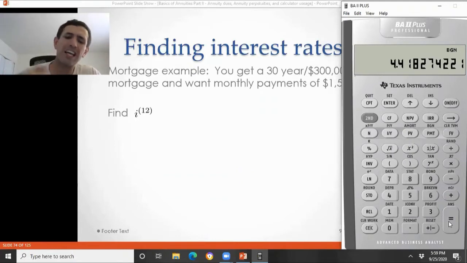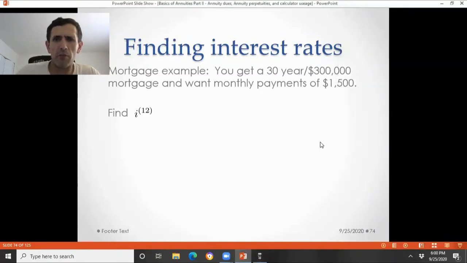And I should mention when you input interest rates, you always want to input as a percentage. That's fairly important. You are always entering an effective per period interest rate as a percentage. That's very important to remember.